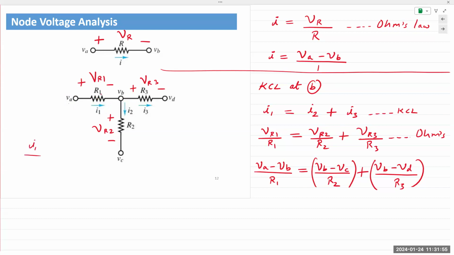Since I1 is going from A to B, it is VA minus VB. If I1 was going from B to A, it would be VB minus VA. Depends on what direction we choose at the beginning of our analysis.